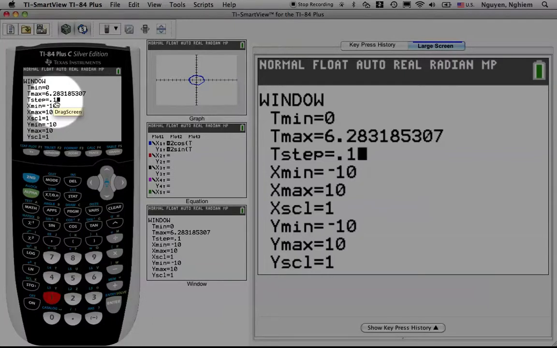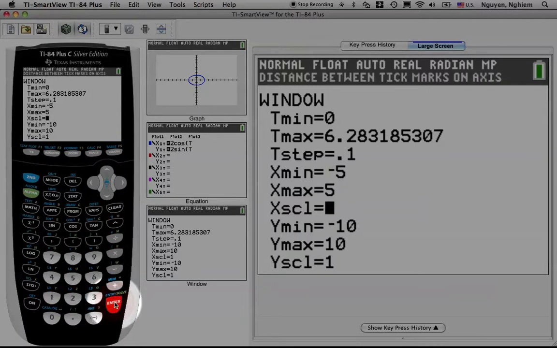If I make t step very small, it will take a very long time to graph. For x min and x max, I'm going to go maybe just negative 5 to positive 5. I don't think I need to go up to 10. The more experience you get graphing this, the better you will get at picking the right window.